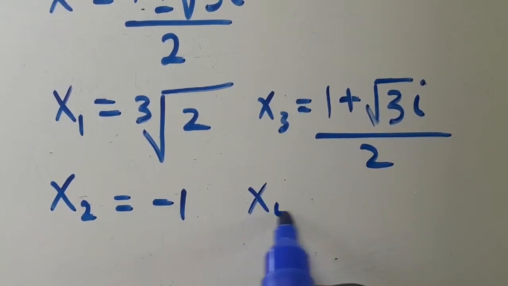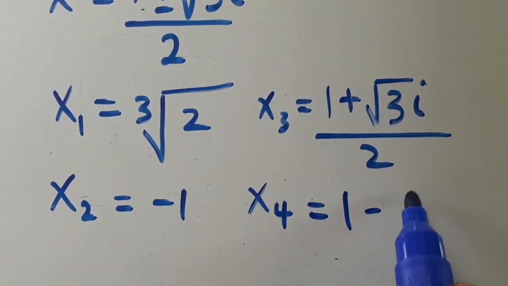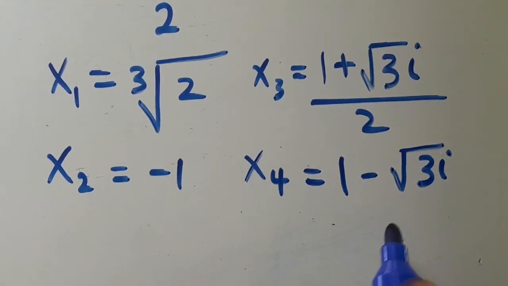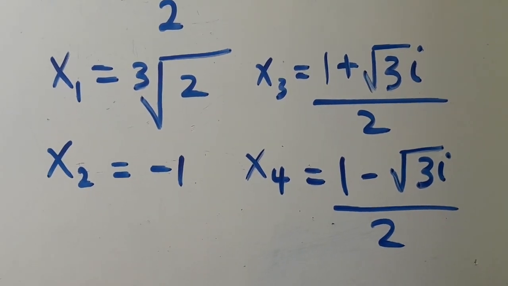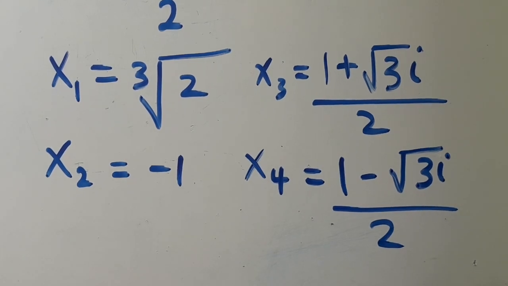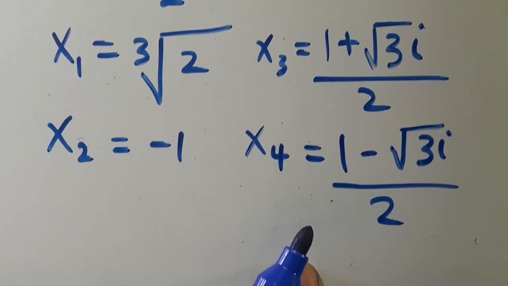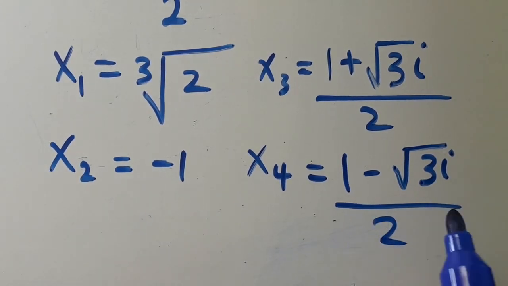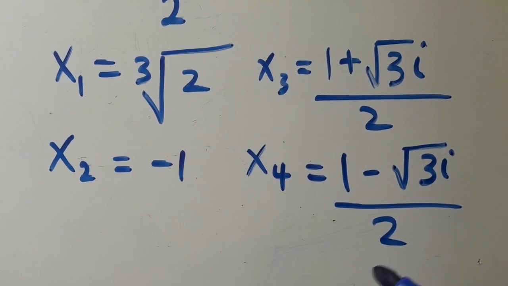Then let's go with x4 again, will be 1, let's go with minus root 3i, then divided by 2. So now from here, we have the answers for this particular problem given to us. We can check for the real solutions, but not the complex solutions. Though, when you check for the complex solutions, you are going to have the same thing.